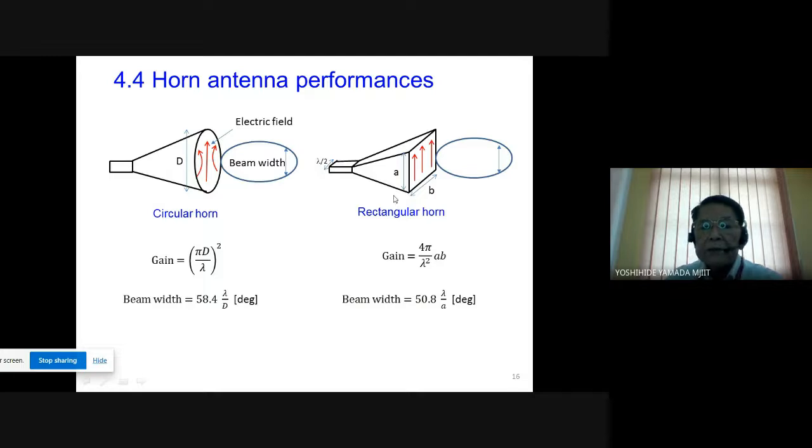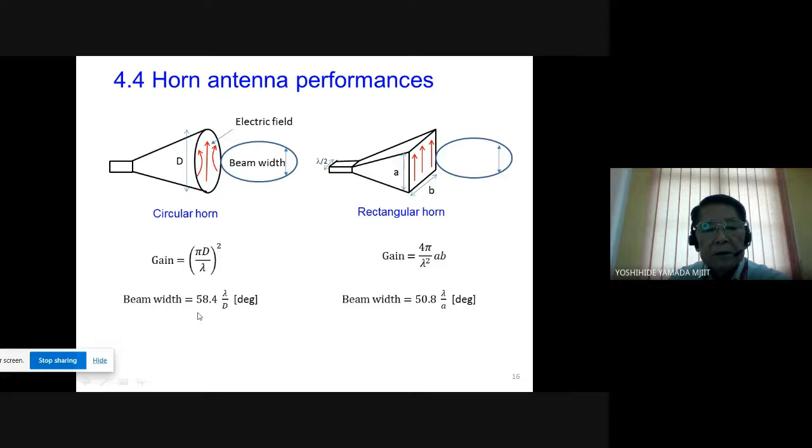In the case of a rectangular horn, the gain becomes 4 pi A B, with A and B the opening size, divided by lambda squared. And another important quantity, beyond gain, is the beam width. The beam width is this 3 dB down angle.